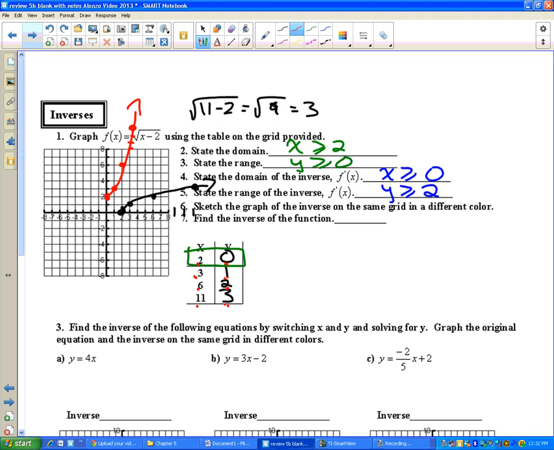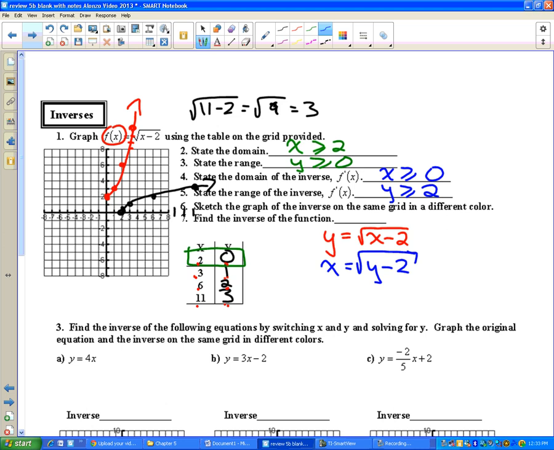There's my inverse. Okay. Lastly, find the inverse function. Remember, with the inverse function, what I've been saying is change f of x to y is equal to the square root of x minus 2. To find the inverse, you switch x and y and solve for y. The y minus 2 is inside the square root.